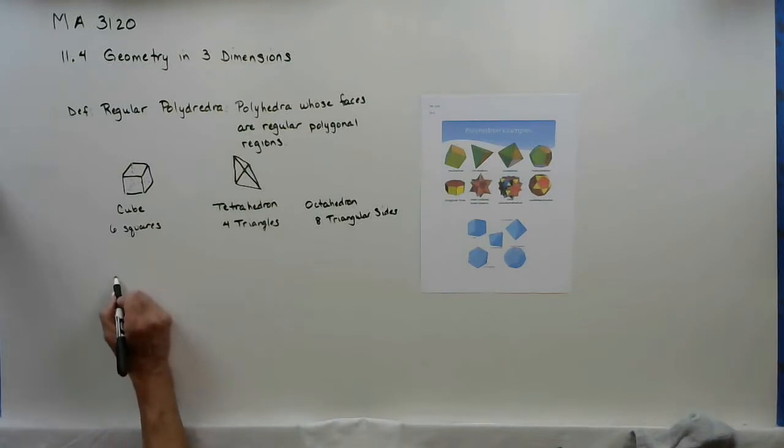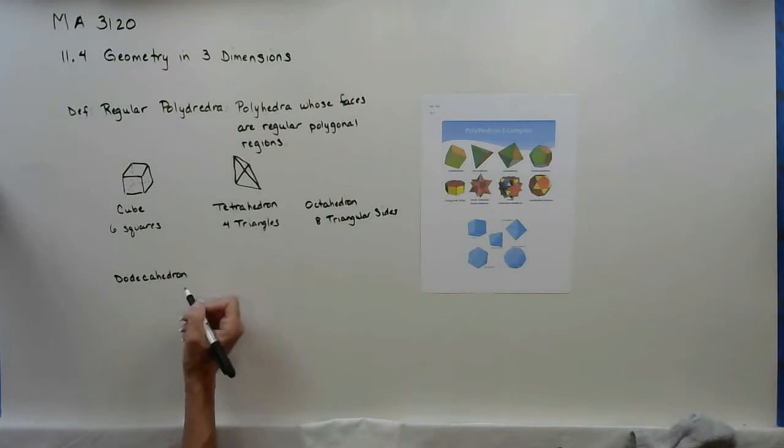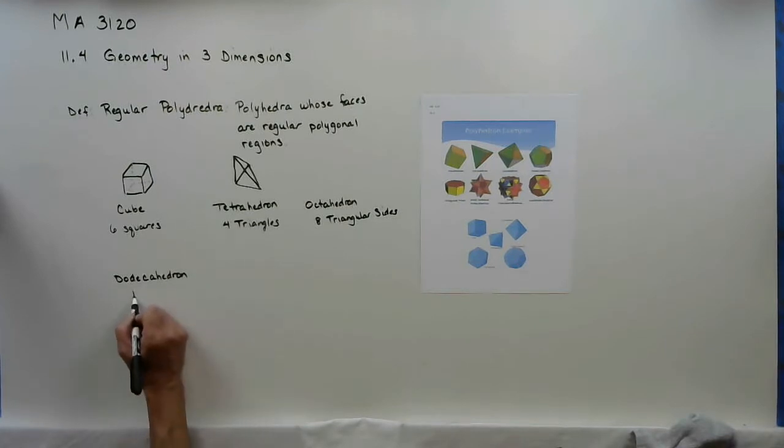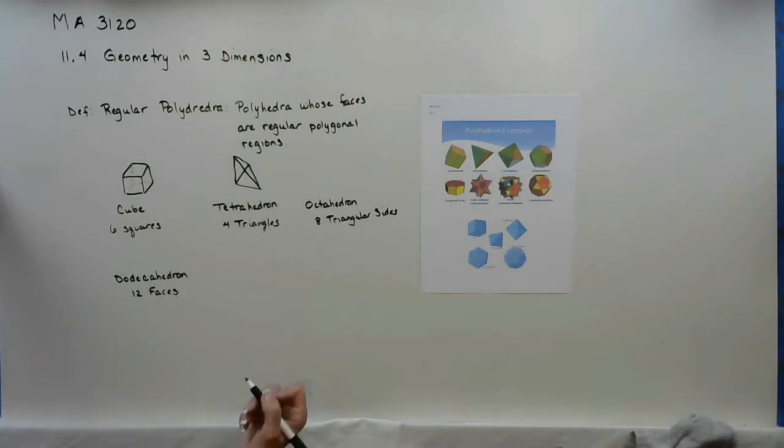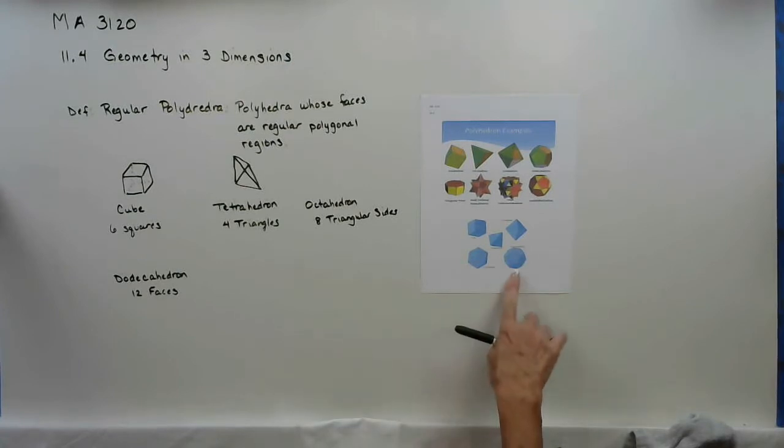We have a dodecahedron. This one has 12 faces to it, and those faces are all pentagons.